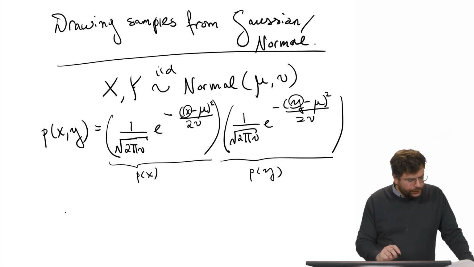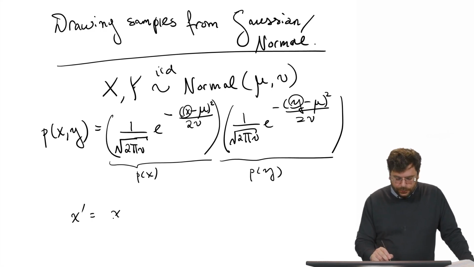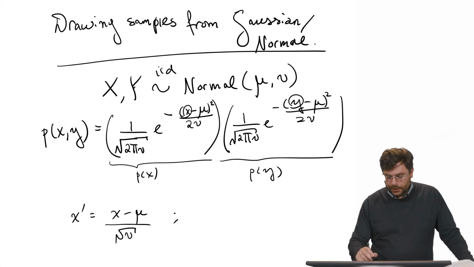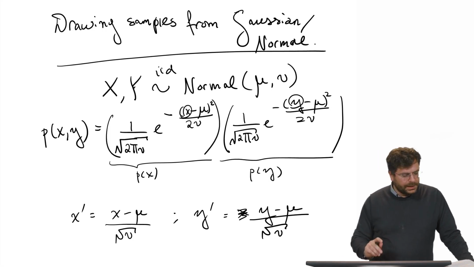So first thing we're going to do, before converting to radial coordinates, is recenter. We're going to define a new variable, x prime, which is defined as x minus mu divided by the square root of the variance, and y prime as y minus mu divided by the square root of the variance.